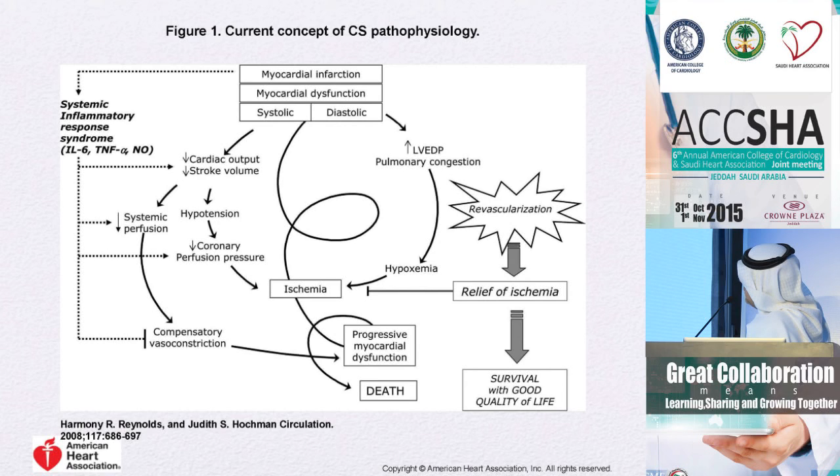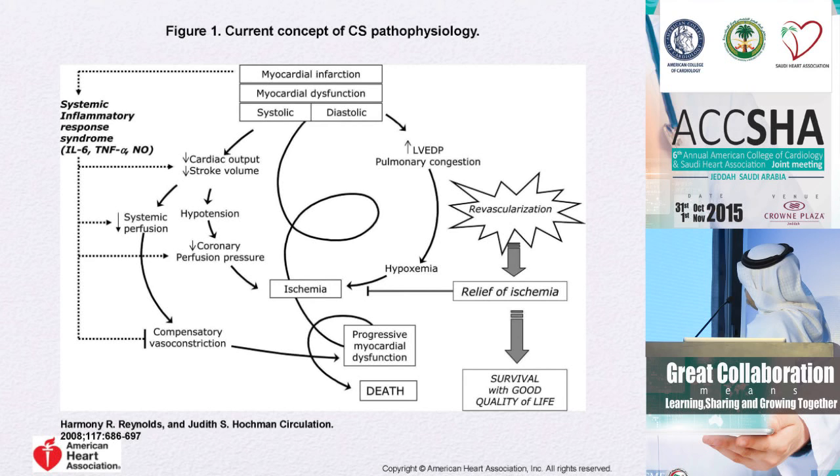This results in reduced cardiac output and reduced diastolic volume, and of course that leads to reduced systemic perfusion, the hypotension. This also worsens, with a decrease in coronary perfusion pressure, and of course this leads to the release of compensatory vasoconstriction, trying to elevate the blood pressure, and leads to progressive myocardial dysfunction, and this is a circle.